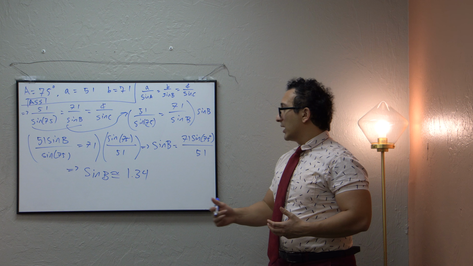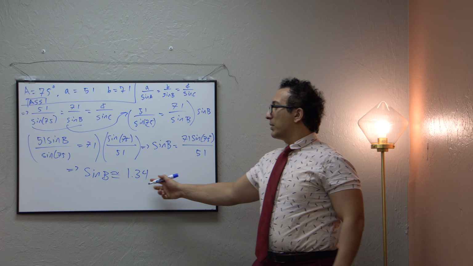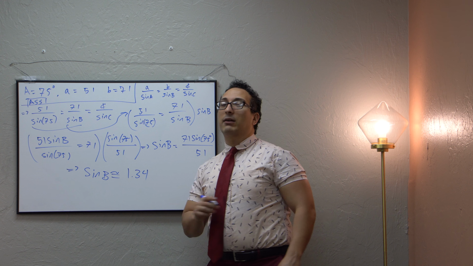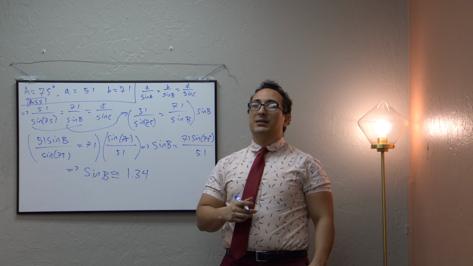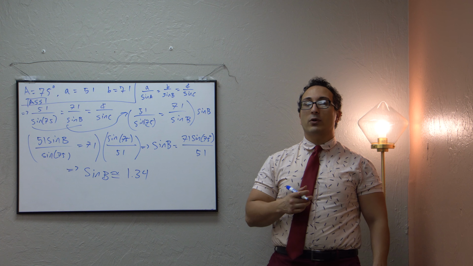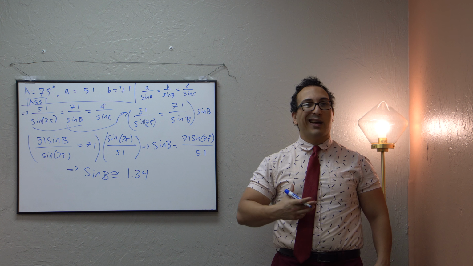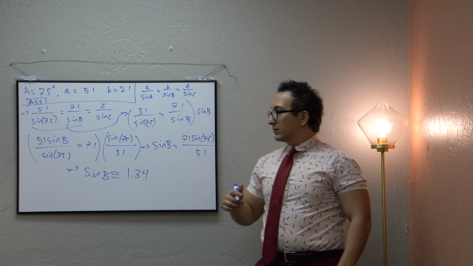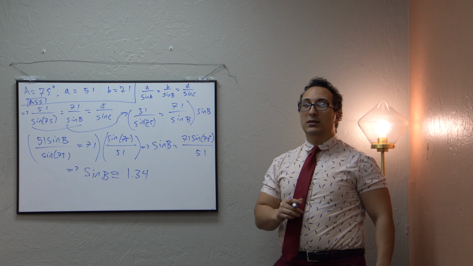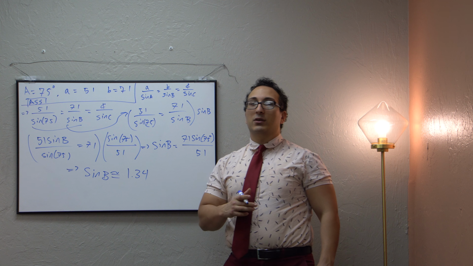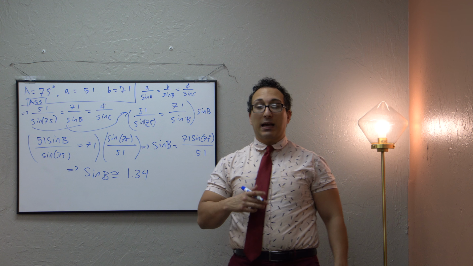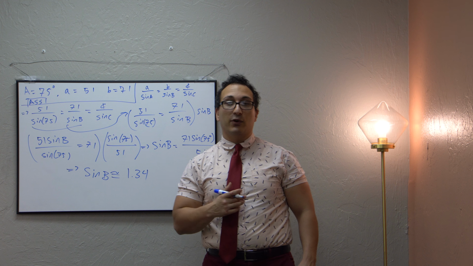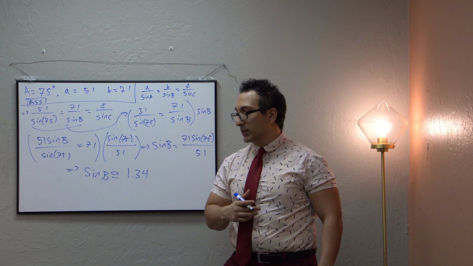The range of sine is between -1 and +1, and this exceeds that range. So even if you were to take the sine inverse of 1.34, your computer algebra system will output undefined, or it will say error, because that exceeds the range of the sine function. So it doesn't have a sine inverse at that value.